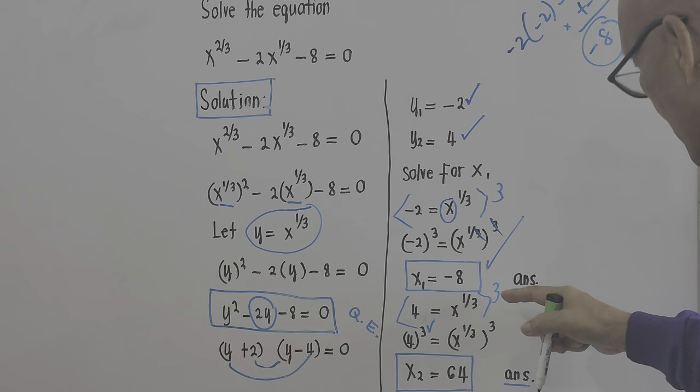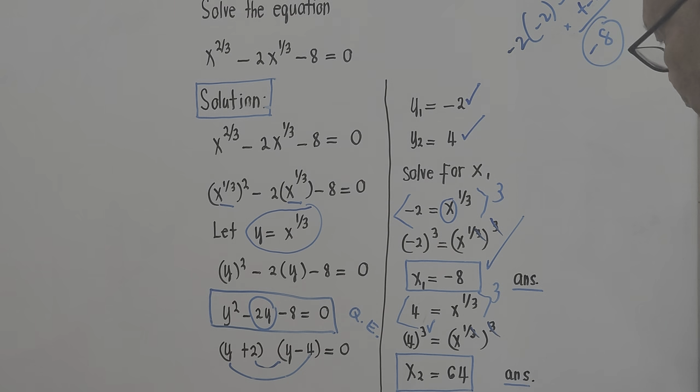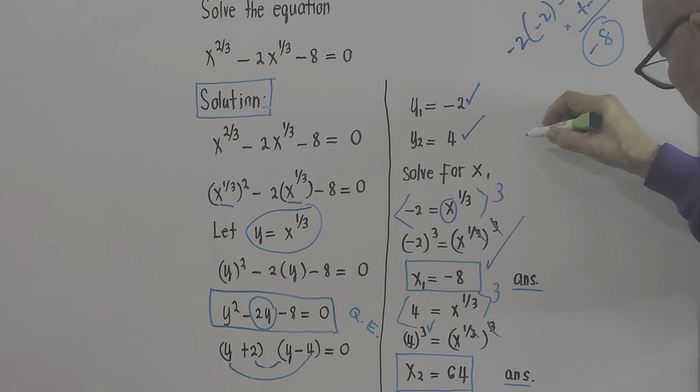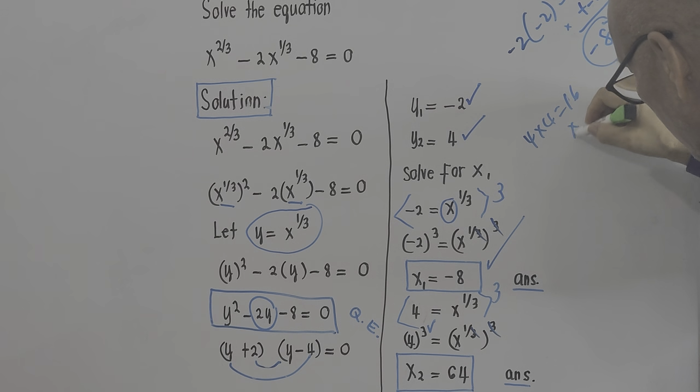These 3s here cancel. So x with the subscript 2, meaning the second value of x, will be 4 times 4 is equal to 16. This is multiplied by 4, that will be 64. So the second value of x will be 64, and the first value is negative 8.